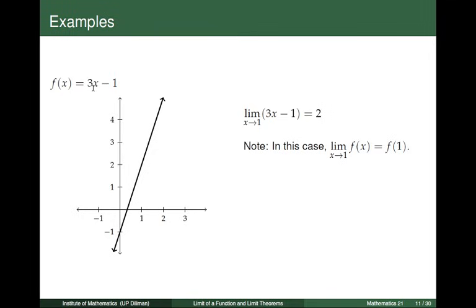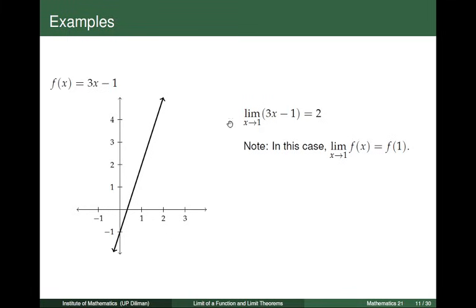So, f of x is 3x minus 1. So, we have this line. We note that as x tends to 1, or as x gets closer and closer to 1, the value of the function gets closer and closer to 2.